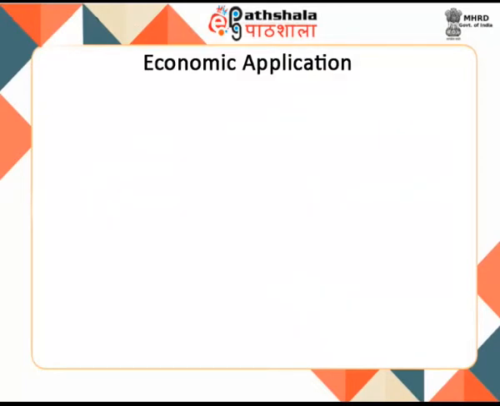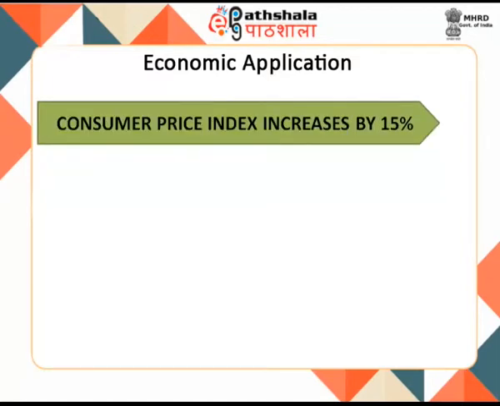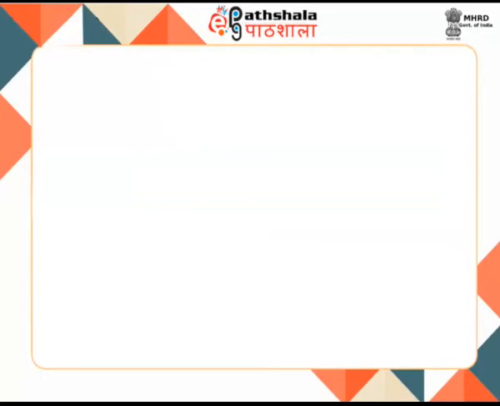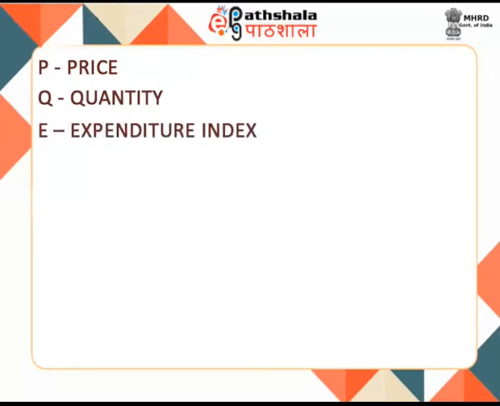Now let us apply the concept of differentiation on economic problems. Consumer price index of a certain group of workers increases by 15% per year and their quantity index by 6%. What is the annual growth of their expenditure? Let P denote price index, Q the quantity index, and E the expenditure index.